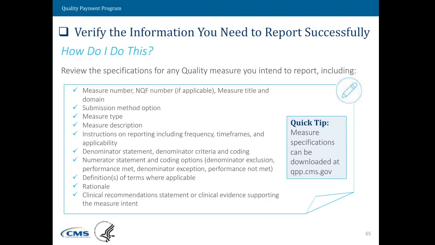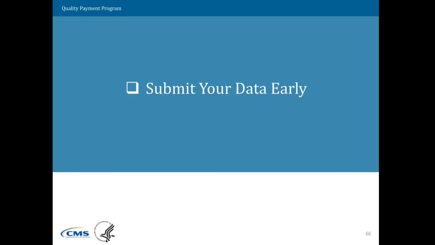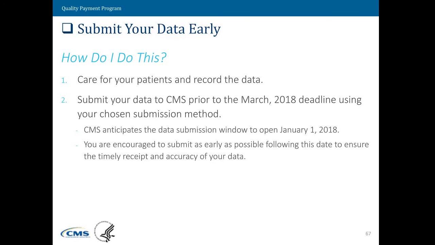Now let's move to slide 66 and then 67, and finally talking about the submission of data, making sure that you have an eye on the time frame for when you need to submit your data. We at CMS highly recommend that you send in your data to CMS before the submission deadline, which is March 31st of 2018.